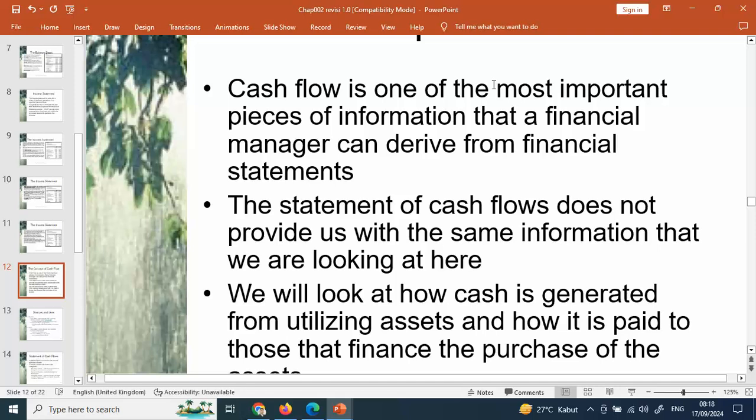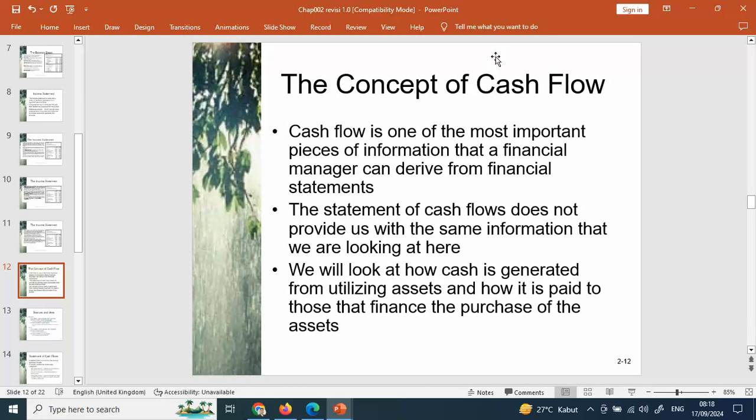Next is the cash flow. Cash flow statements. Financial statement number 3 is the cash flow statements. The concept of cash flow.